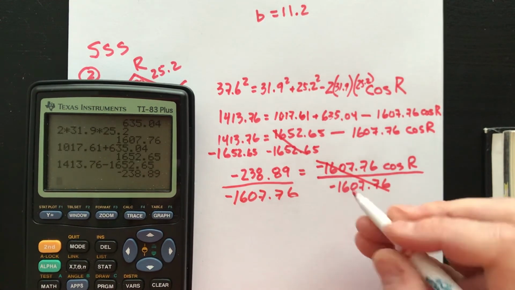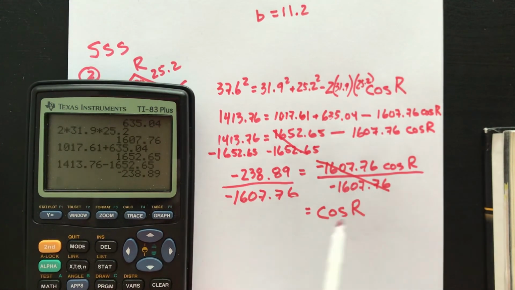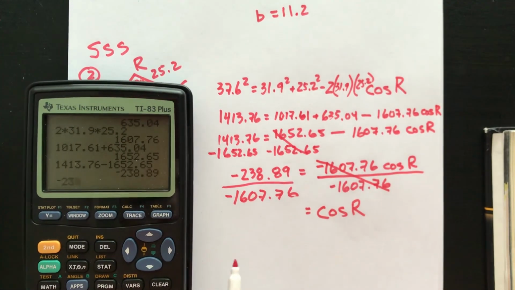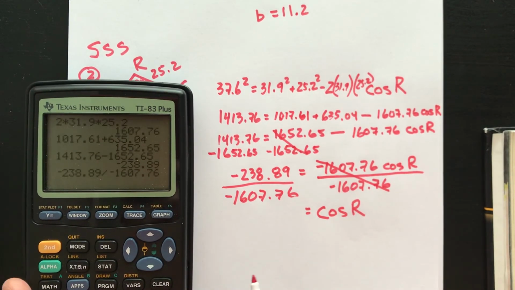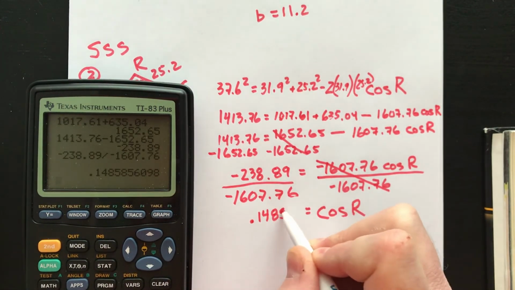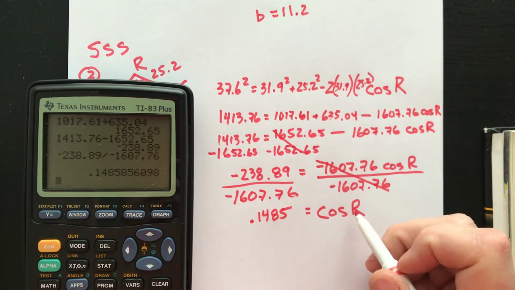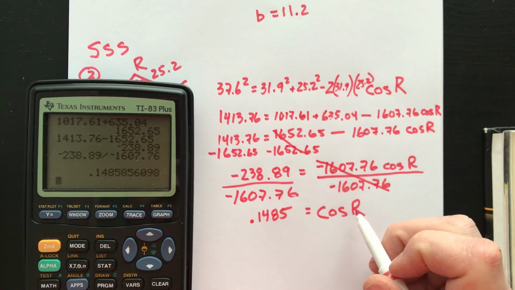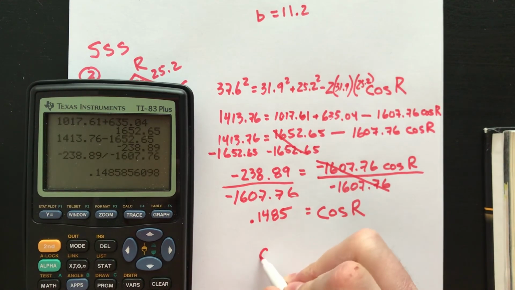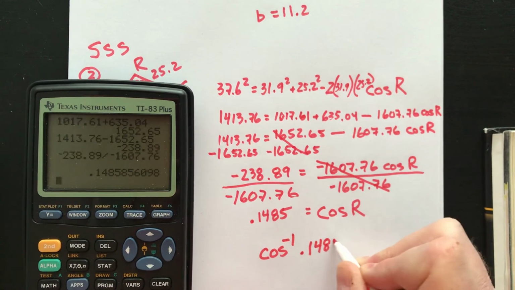These cancel. So on the right-hand side, I'm just left with a cosine of r. And on this side, I do negative 238.89 divided by negative 1607.76. I get 0.1485. Now remember, from our trig, if you don't know the angle, you have to use inverse cosine of 0.1485.